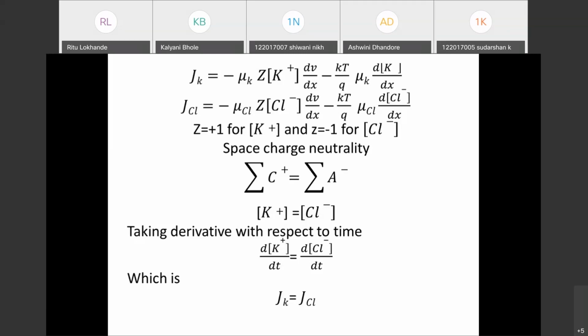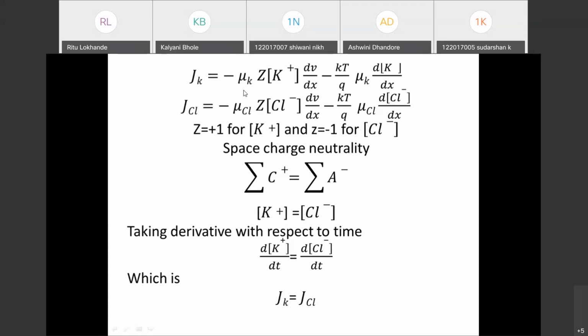That is the definition of flow rate. Even if I don't know these equations, I know the rate of flow. How do you calculate it? It is dK plus by dt. This becomes the rate of flow for K plus, and this becomes the rate of flow for Cl minus. So from this we can say that the rate of flow is the same, J K is equal to J Cl.